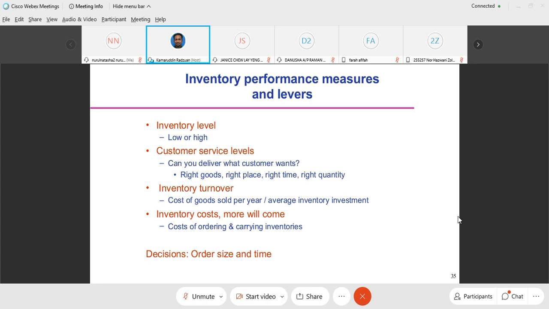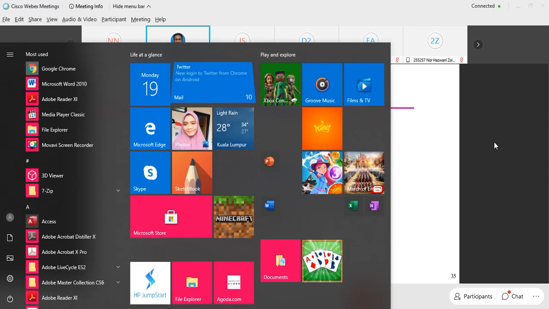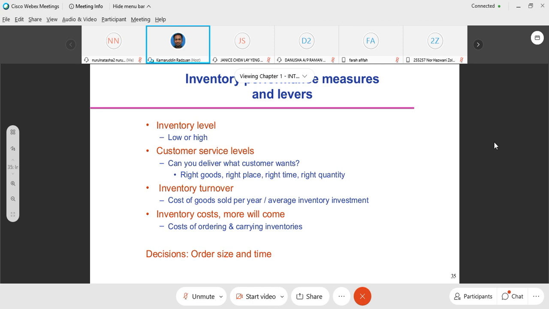Also the inventory turnover, cost of goods sold per year, and average inventory investment, which we can find in the company's yearly financial statement.